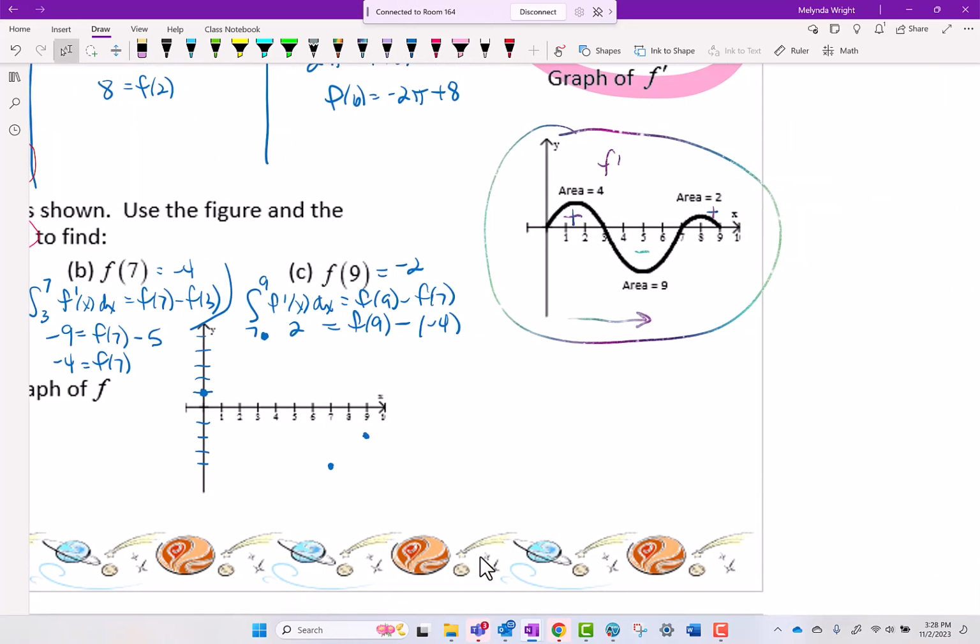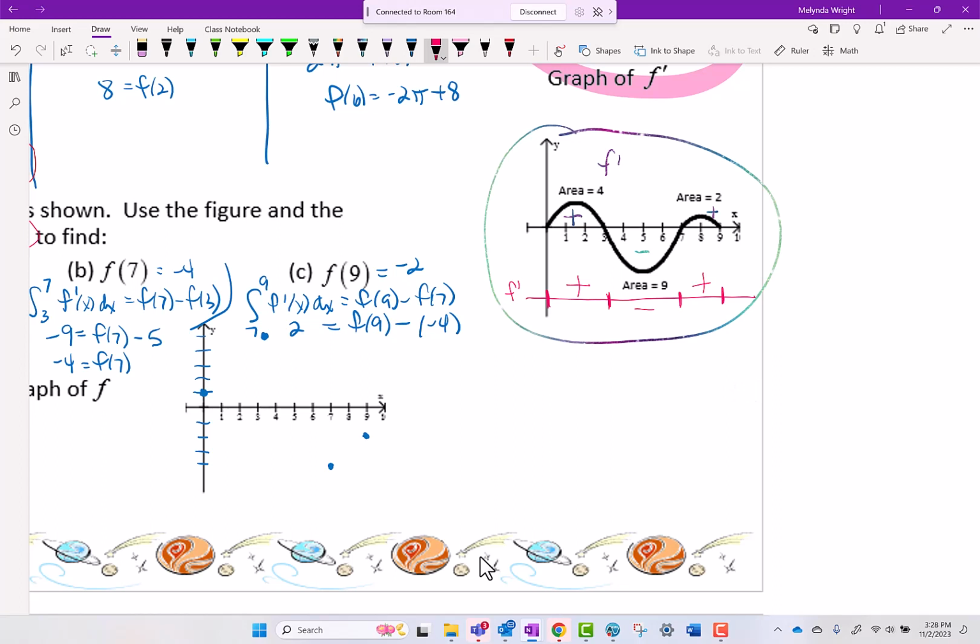We've done this before, and I recommend that you do a sign chart for the first derivative. So this is f prime's sign chart, and again, we're going forward. It's above the x-axis, below the x-axis, above the x-axis.